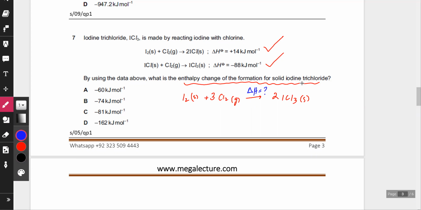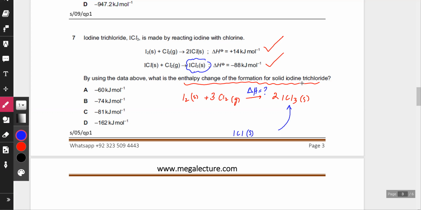How can I connect the reactions together? One thing is, if you look over here, ICl3 solid is getting formed. What I can do is double that. ICl3 solid is getting formed from ICl solid.